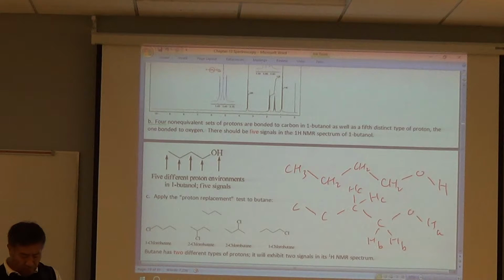Usually this splitting from HA to HB is negligible because those H on this HA are usually in the hydrogen bonding. And then HA and HC, HB and HC, so this HB and HC, they can split each other.